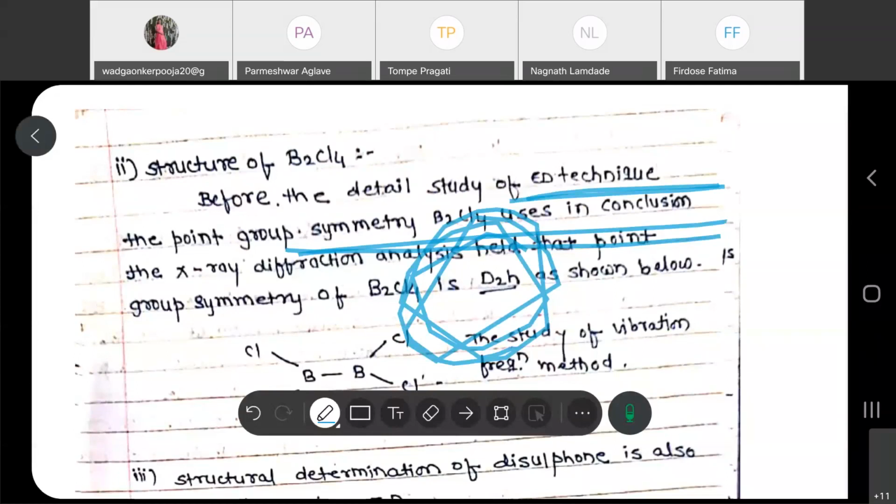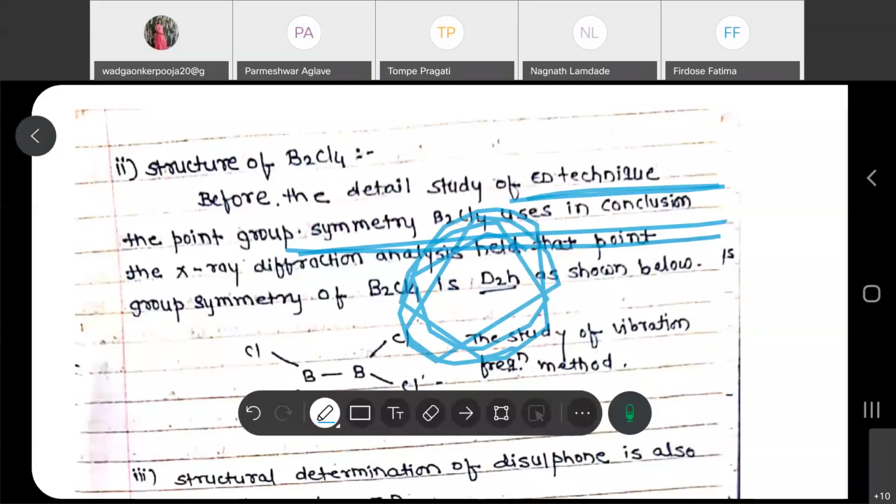So which option will you choose? Obviously the last one, option D, all of the above. And with this you can also study the vibrational frequency mode. You can differentiate this molecule by using a vibrational frequency method, that is, the IR method also.